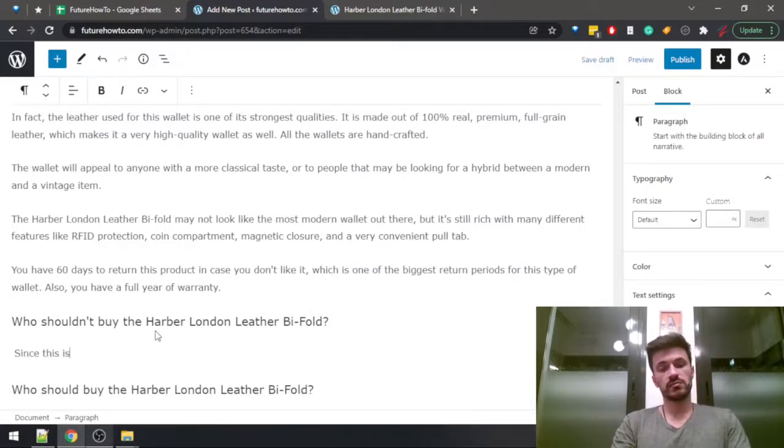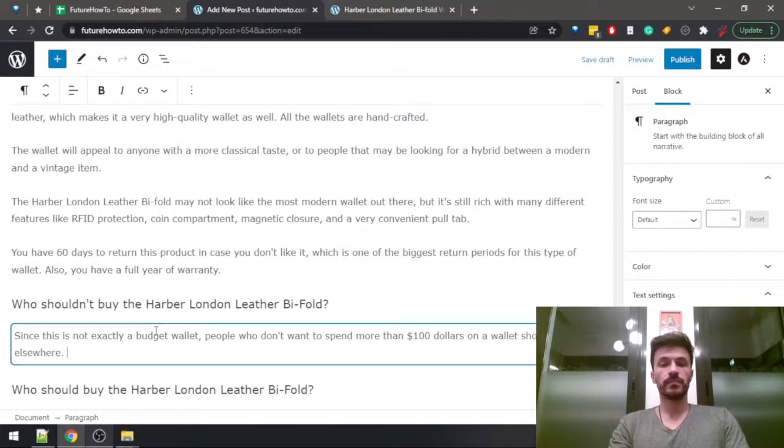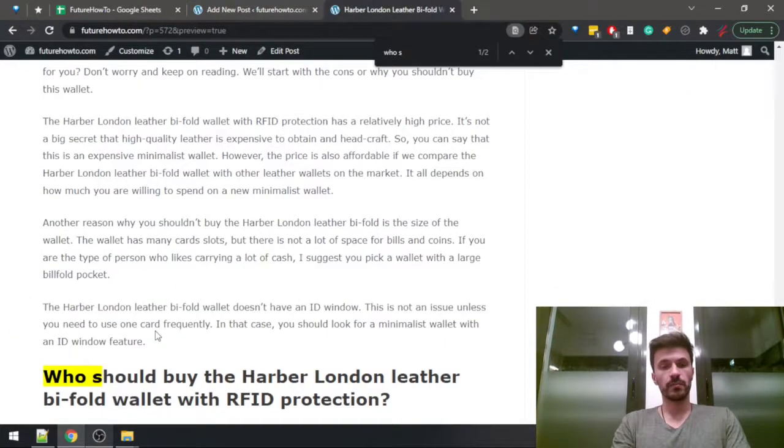Since this is not exactly a budget wallet, people who don't want to spend more than $100 on a wallet should look elsewhere.